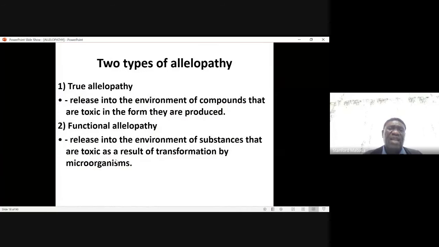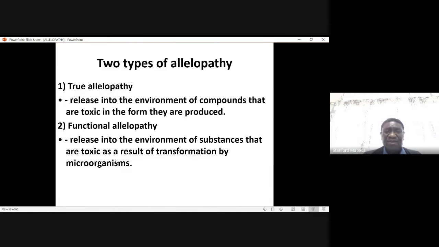Now, there are two types of allelopathy. There's one which we call true allelopathy. This is the release into the environment of compounds that are toxic in the form they are produced. This is actually done by live plants.